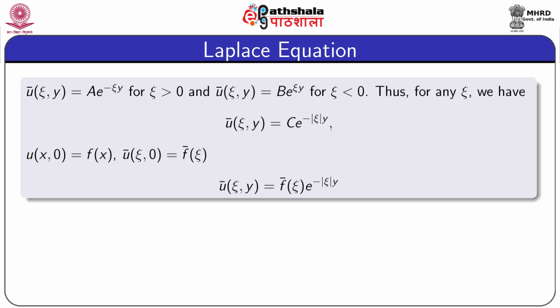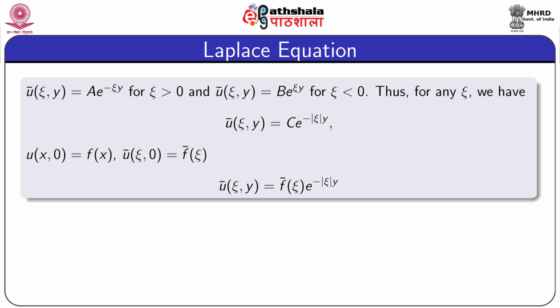Now, to get the bounded solution, u bar should have the functional form a into e to the power minus xi y for xi greater than 0 and u bar equals b into e to the power xi y for xi less than 0. Thus, for any xi, we can write the solution in the form u bar equals c into e to the power minus mod xi into y.